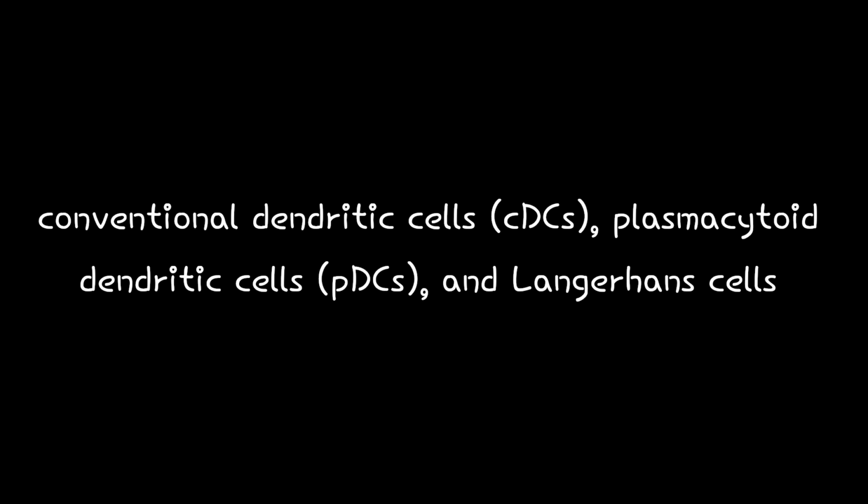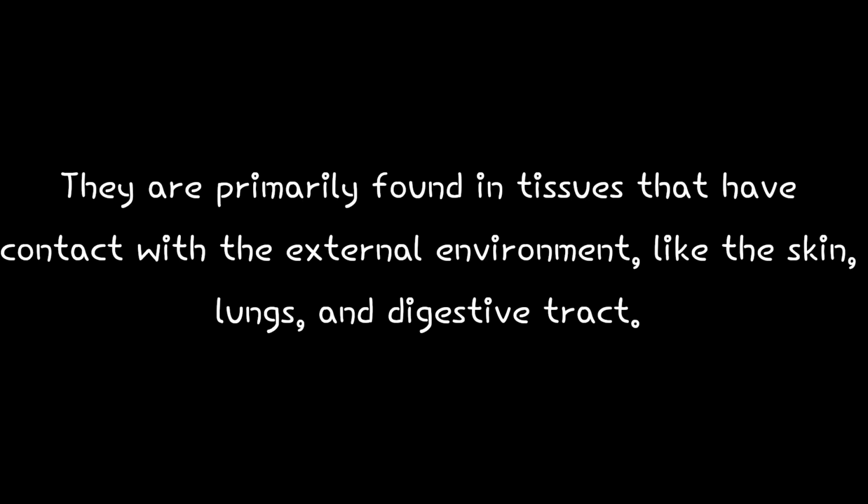Now let's know the types of dendritic cells. There are various types: conventional dendritic cells, plasmacytoid dendritic cells, Langerhans cells, and monocyte derived dendritic cells. They are located in the tissues, lymph node, blood, lymphoid tissues, epidermis, and inflammatory site.